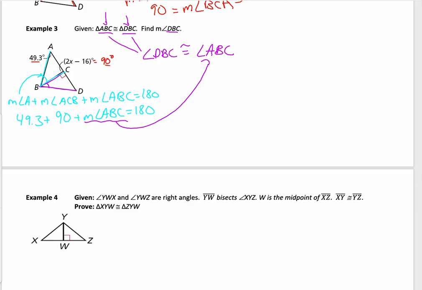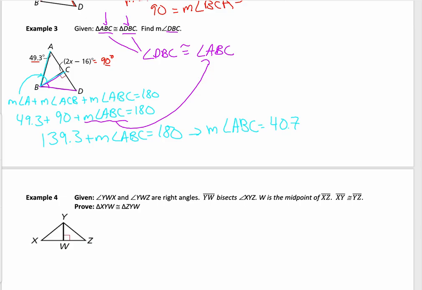49.3 plus 90 is 139.3 plus the measure of angle ABC equals 180. Therefore, if I subtract 139.3 from both sides, I'm going to get the measure of angle ABC equals 40.7, I believe, if I did that correctly.